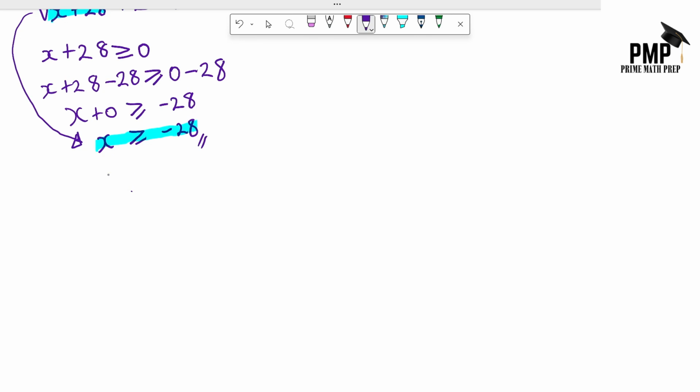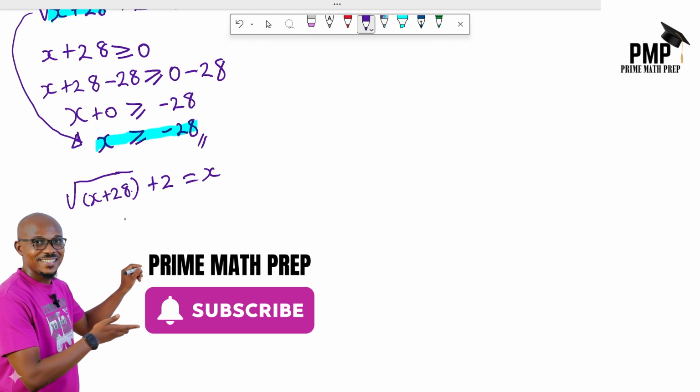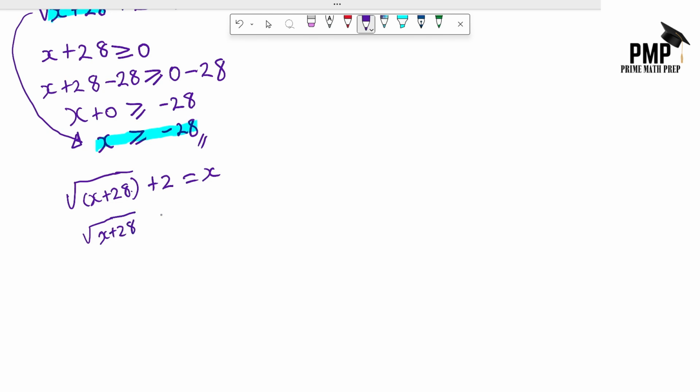To find the domain of the equation, we will look at the equation, which is, let's rewrite it, root of x plus 28, plus 2, equal to x. We said that for this radical, the root of x plus 28 is always greater or equal to 0.